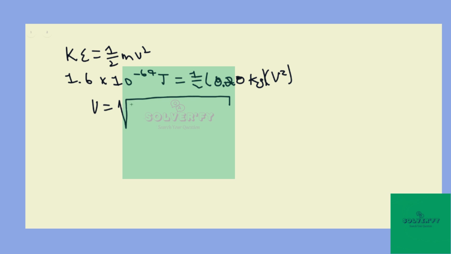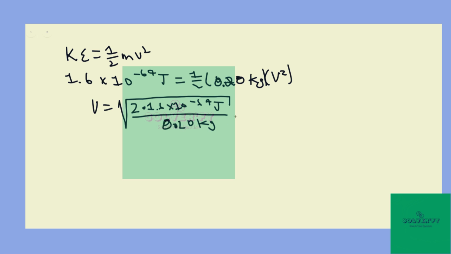So you have 2 times 1.6 times 10 to the minus 67 joules divided by the mass, which is 0.20 kilograms.